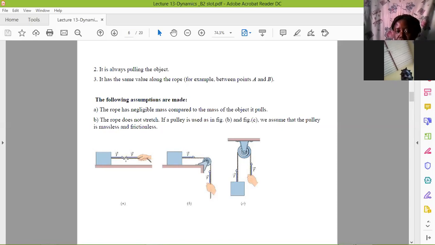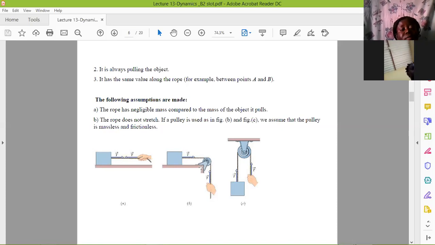Okay, so when we do the calculations for finding the tensions, the mass of the rope is always negligible. We always say it's massless because the mass of the rope is always small compared to the mass of the object. So always ignore the mass of the rope.